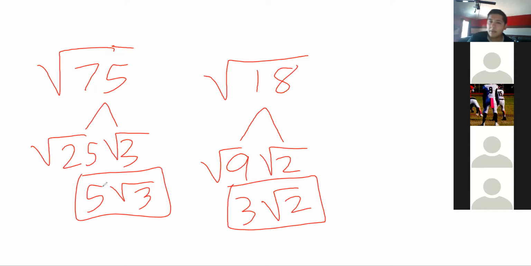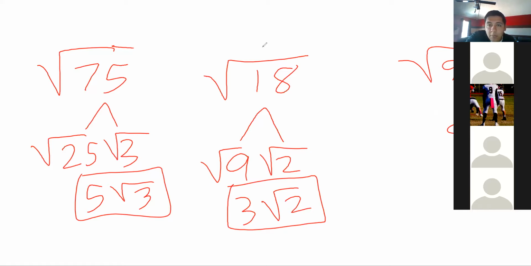So let's try it again. What about the square root of 98? Hold on. Let's see. 98 is an even number, right? So what happens if we divide 98 by 2?